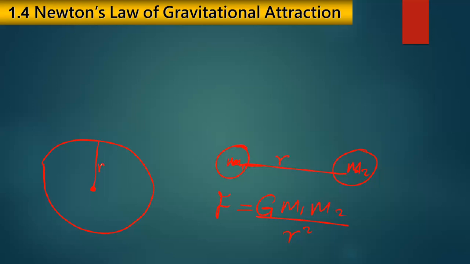This is the radius of the Earth. Immediately after this point, there is a human being standing. Then we want to find the force of attraction between the Earth and the human being. So how do we find this force of attraction?